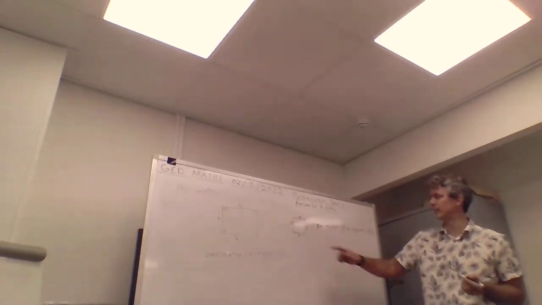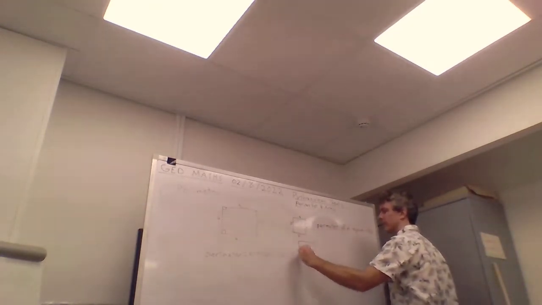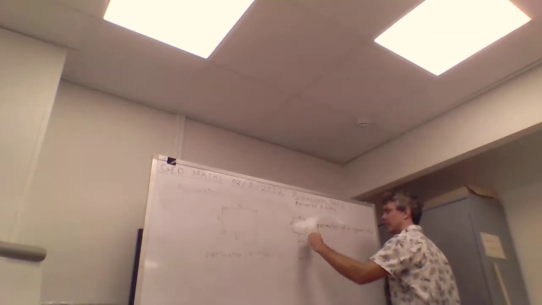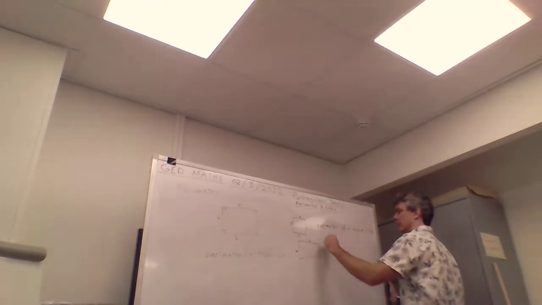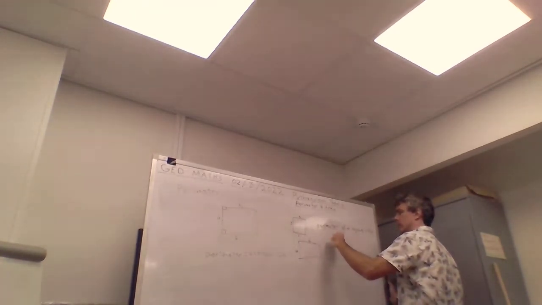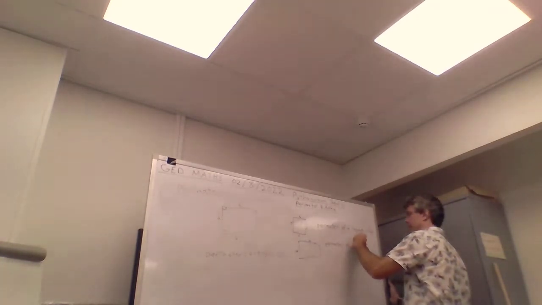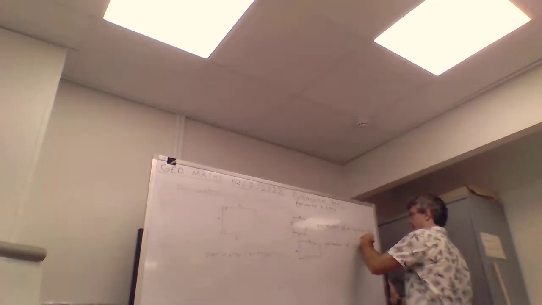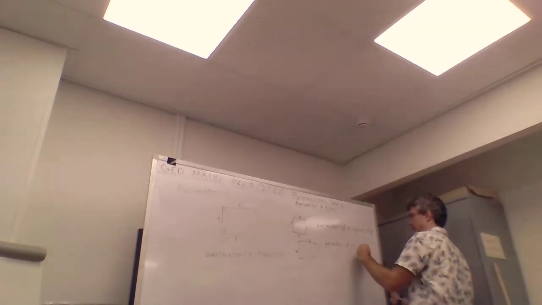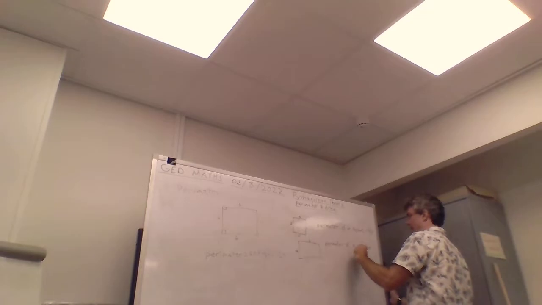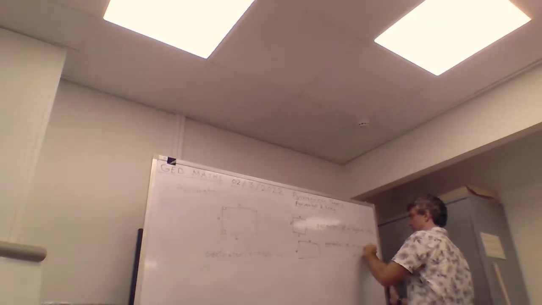This is 4 times S. For a rectangle, this is B, this is A. Perimeter of a rectangle equals 2 times A plus 2 times B.